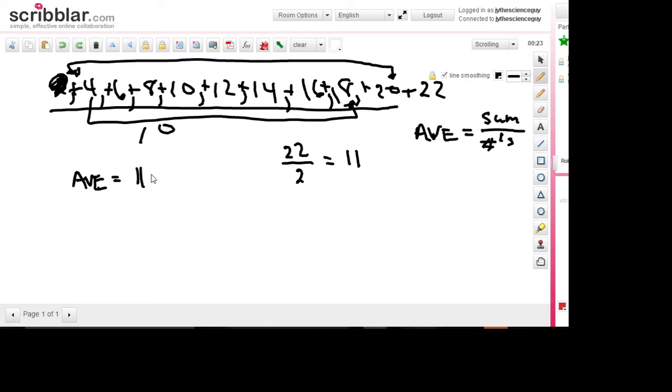It goes up 2. So wow. That works because they are going in order and you're not skipping any numbers.